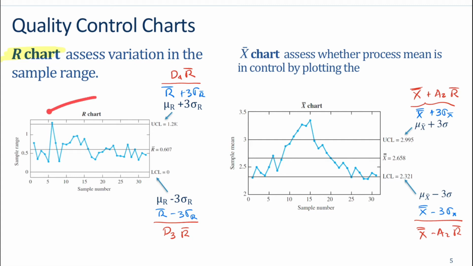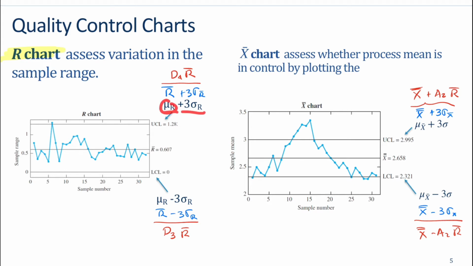For the R chart, we use the table that contains the constants. The constants are going to approximate the upper control limit, and remember that the upper control limit is the mean plus 3 times sigma.